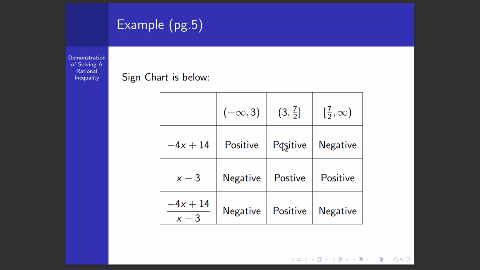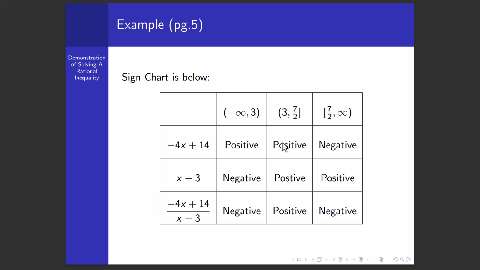It will again be positive from 3 to 7 halves, but then it will change to negative from 7 halves to infinity. X minus 3 is the denominator, and that's going to be negative over the interval negative infinity to 3. It'll be positive from 3 to 7 halves, and then it will be positive again from 7 halves to infinity.